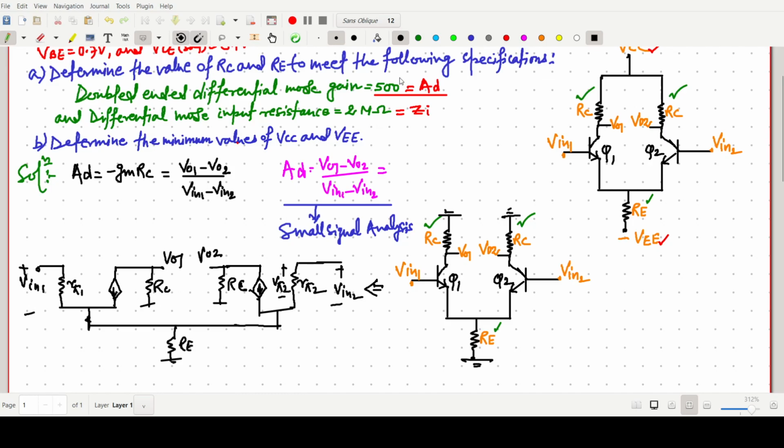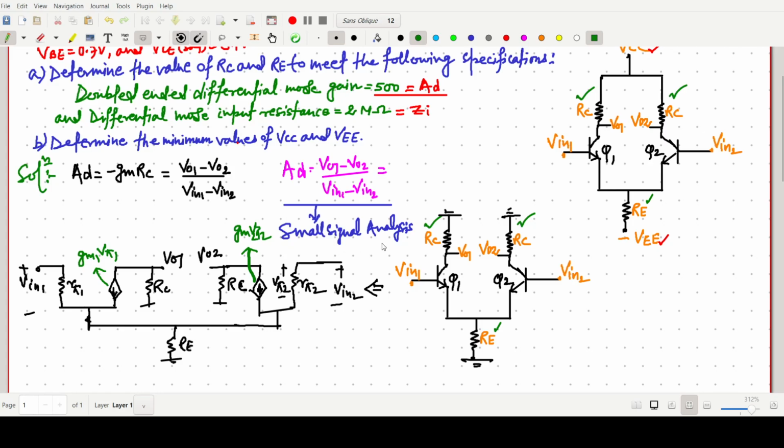One can easily find the value of V naught 1. This current is GM V pi 2, and this current is GM V pi 1. I am taking matched transistors, otherwise you would have to write GM1, GM2, not a big deal.